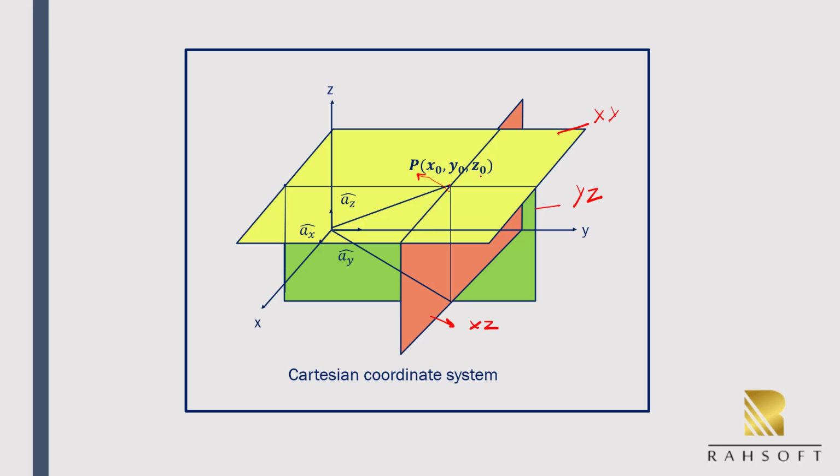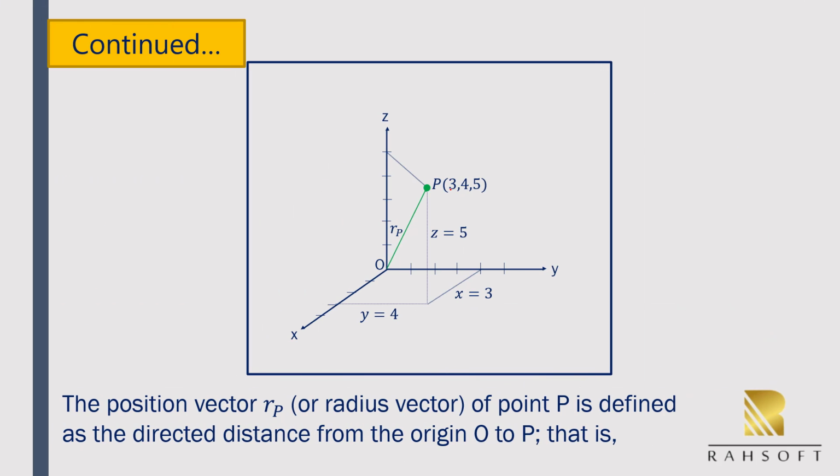So here you can see that the intersection of these three planes is denoted by P. So point P has covered a distance along the x-axis, along the y-axis, and along the z-axis. Here we are locating the point in three-dimensional space with respect to the references.